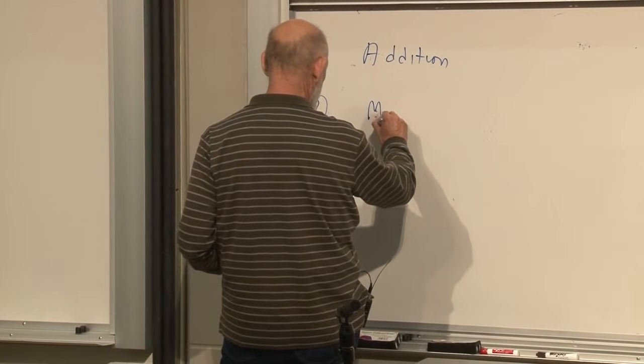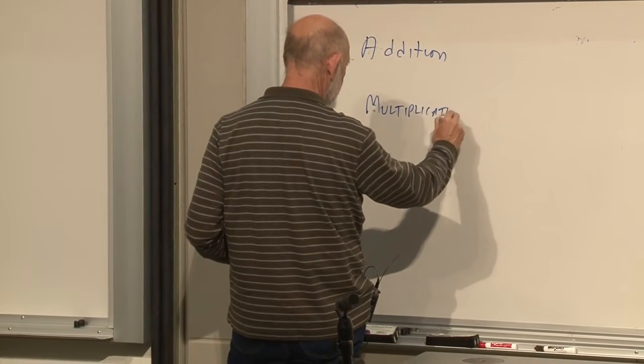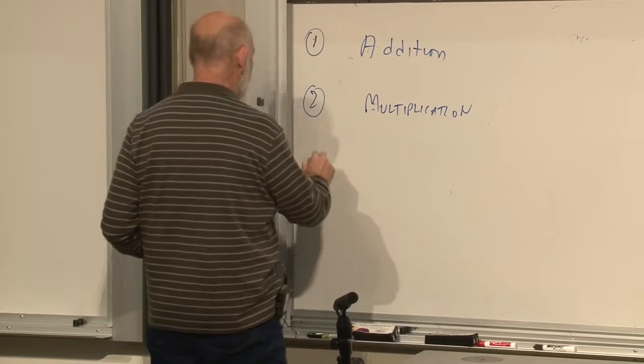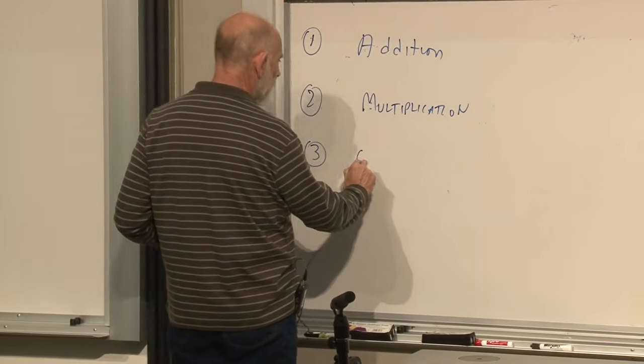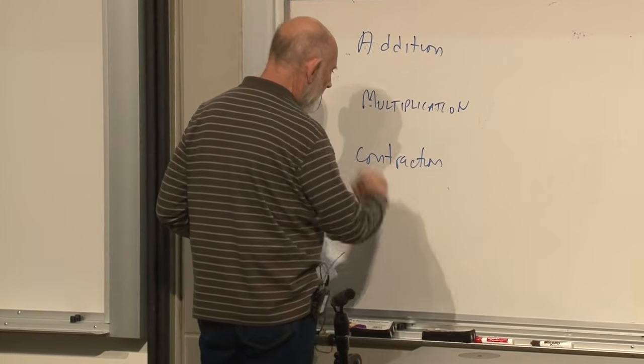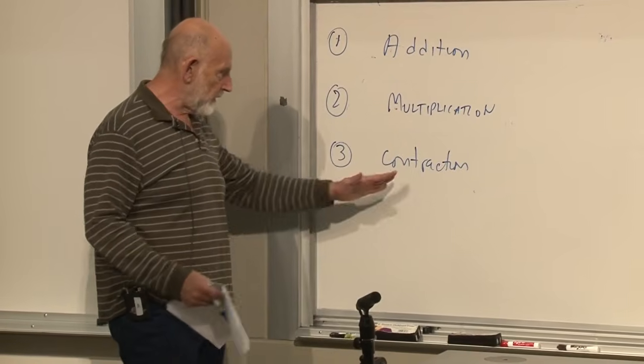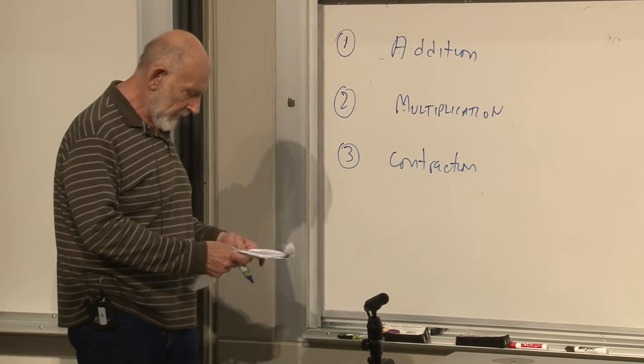Multiplication of tensors. Makes tensors. 3, contraction. And I'll tell you what that means. You may or may not know the word at this point, but we will know the word soon. Contraction.